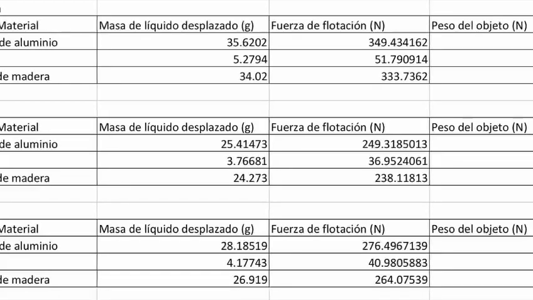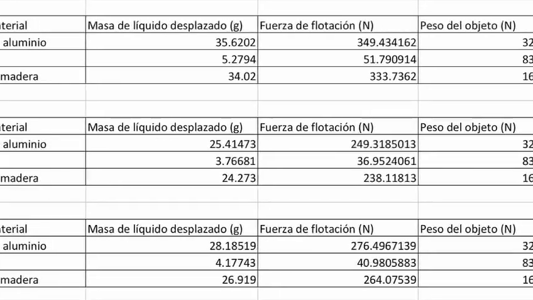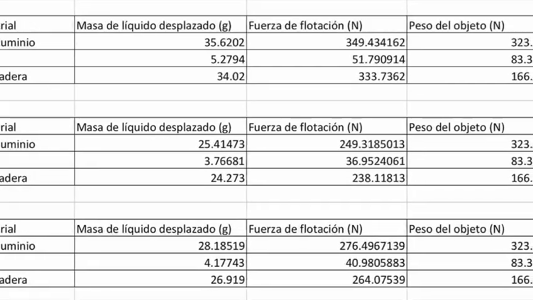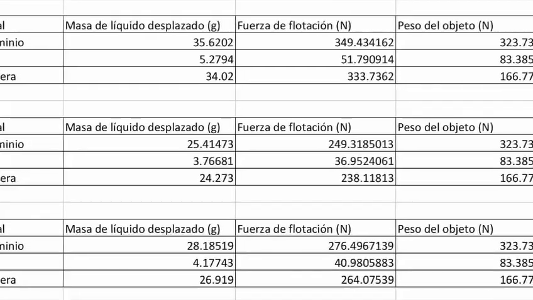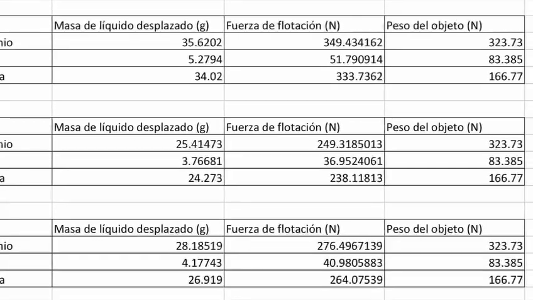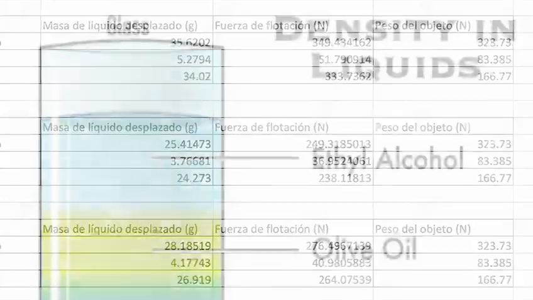This is obtained by multiplying the mass of displaced water times the gravity. We all know that the value of gravity is 9.81. Then we can calculate the weight of the object, and we obtain that by multiplying the object mass times the gravity.